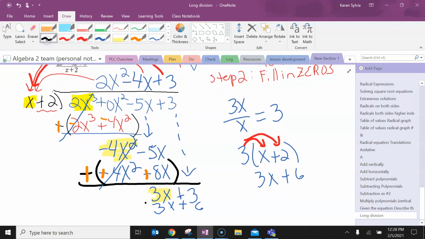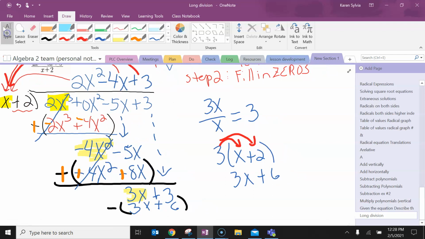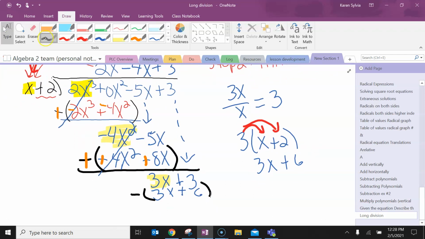My next step, remember, is to subtract. But, as talked about multiple times, we don't do subtraction with polynomials. We change to addition of the opposites. And now I just add straight down. So the 3x term cancels. 3 plus a negative 6 gives me a negative 3, which is my remainder.